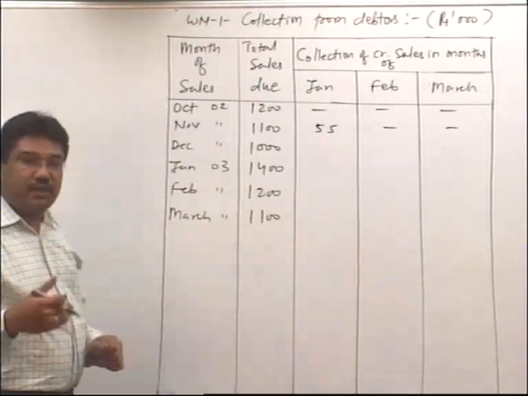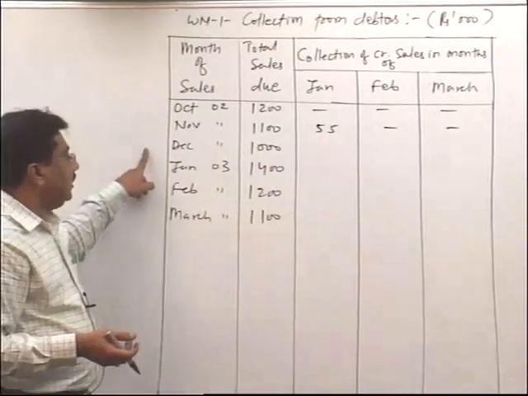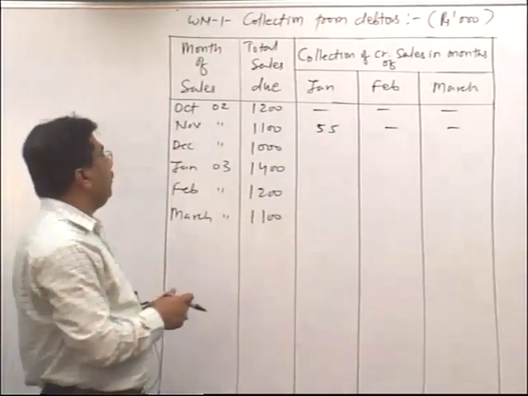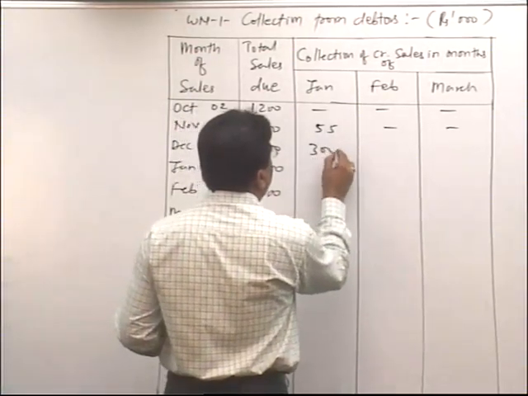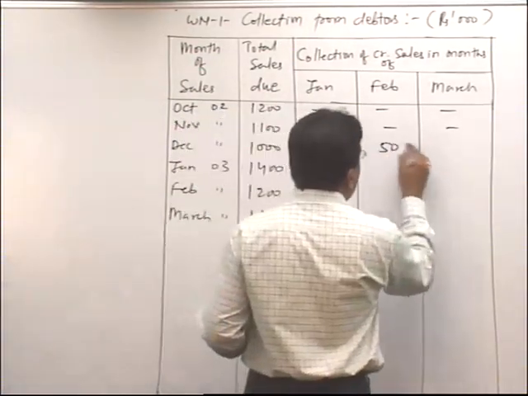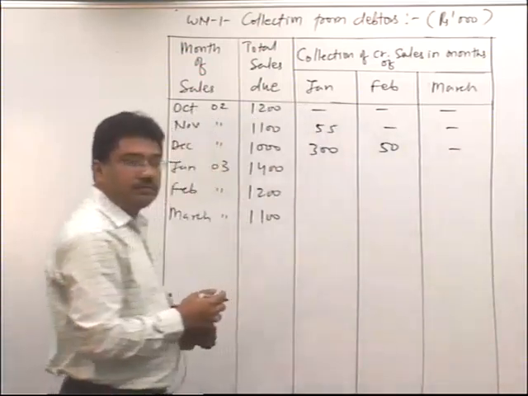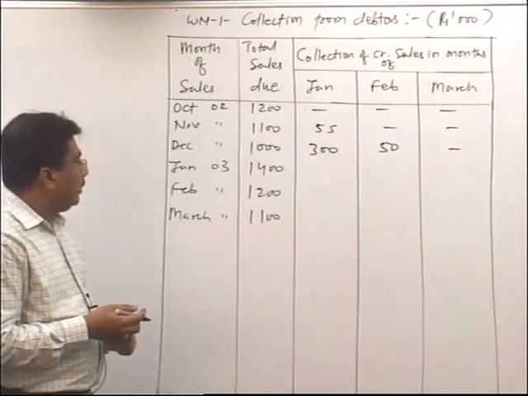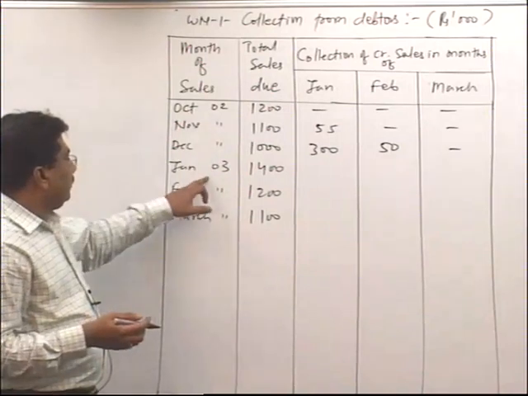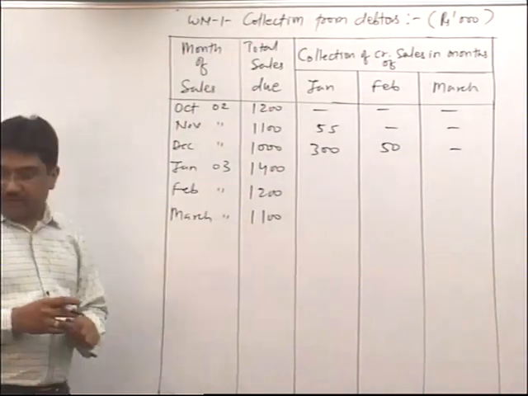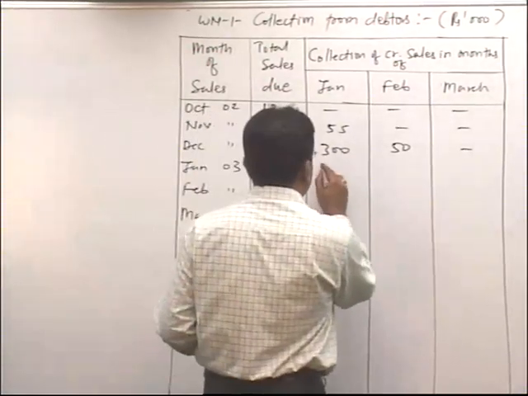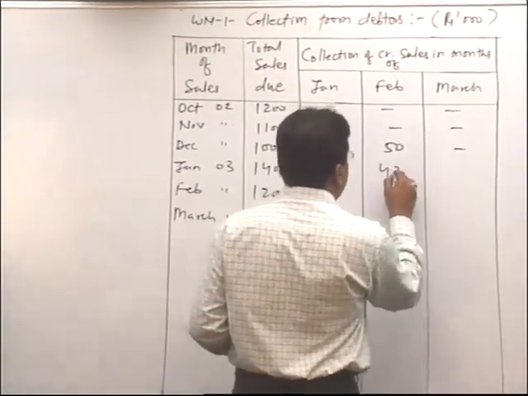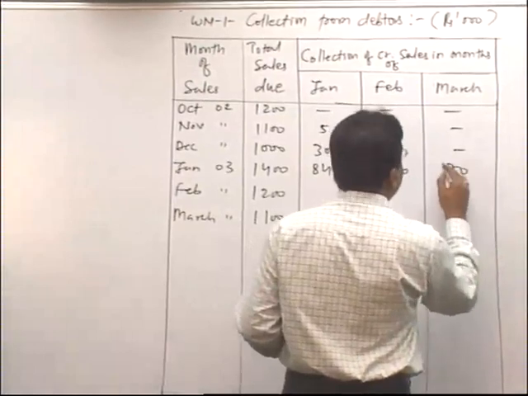Now apply the same rule for December sales. 60% of this will be collected in December, 30%, that is 300, in January and 50 in February. Next, in case of the sale of January, 60% will be collected in January, that is 840, then 420 in February and 70 in March.